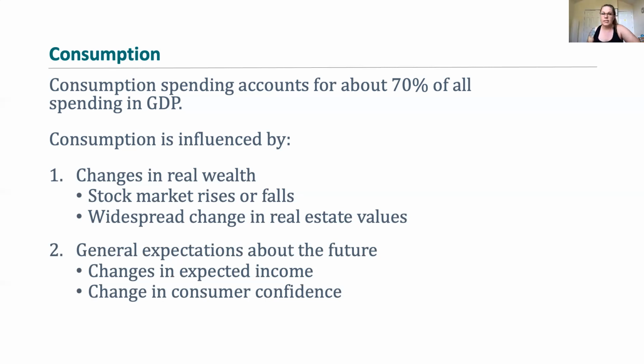In terms of expectations of the future, we can have expectations about changes in our own income or just general confidence about the well-being of the economy as a whole. If consumers are more worried about the future, they tend to increase savings now and buy fewer goods. This would result in a consumption decrease, which would be a shift of the aggregate demand curve to the left.